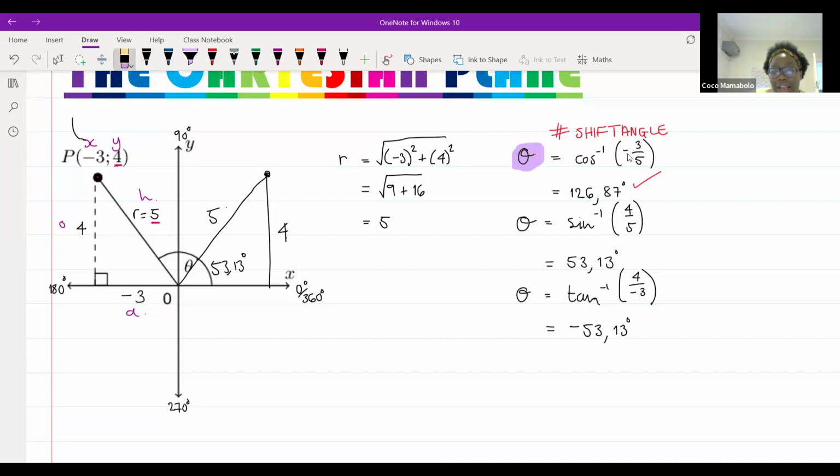Now, lucky for us, we know that if this is a reflection, this part over here is also 53,13 degrees. And if the x-axis is a straight line, how am I going to find theta if I know that part? This is a straight line. The x-axis is a straight line. How would I find theta from there?